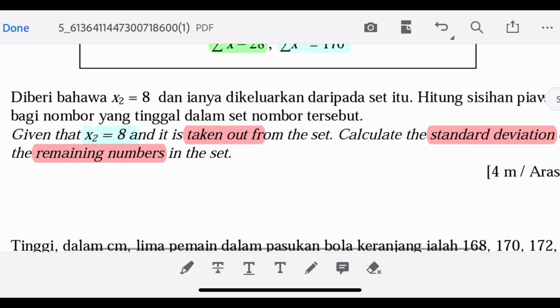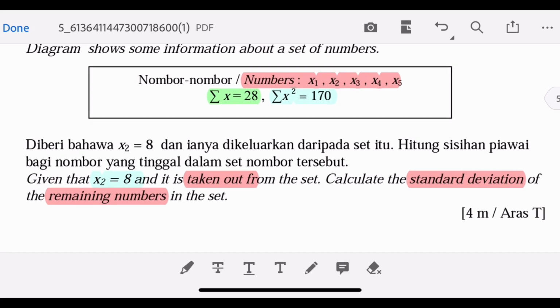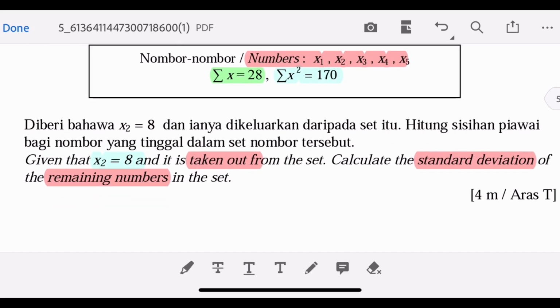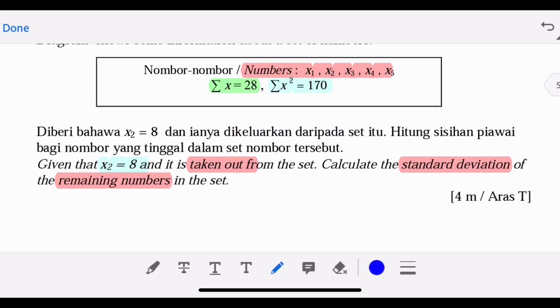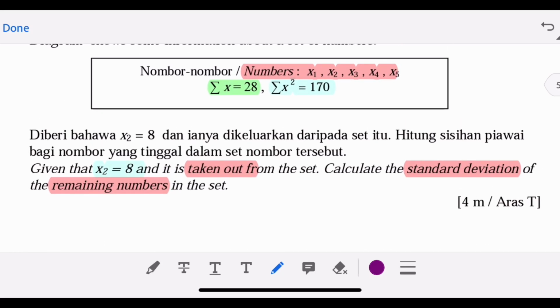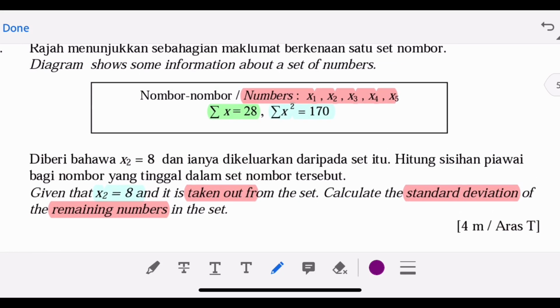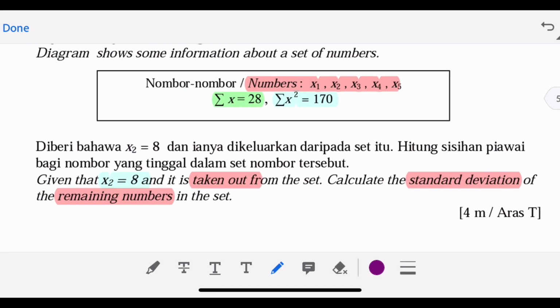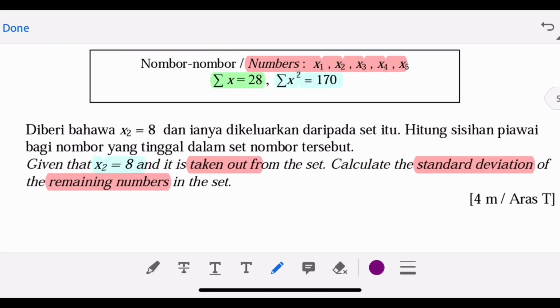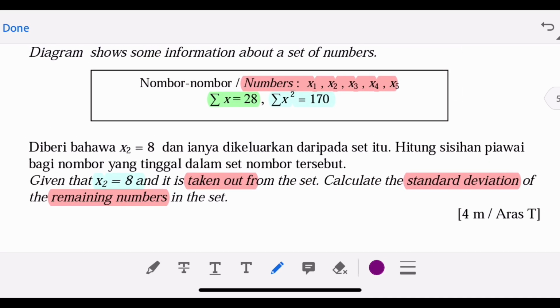So you have to calculate the standard deviation after the 8 is removed. Please take note that the sum of x given is the sum for the original 5 data, right? And the sum of data square is also for the 5 data. So you have to be aware that when you remove x2, you have 4 left, right? Okay, be careful. Now let's see how to do it.